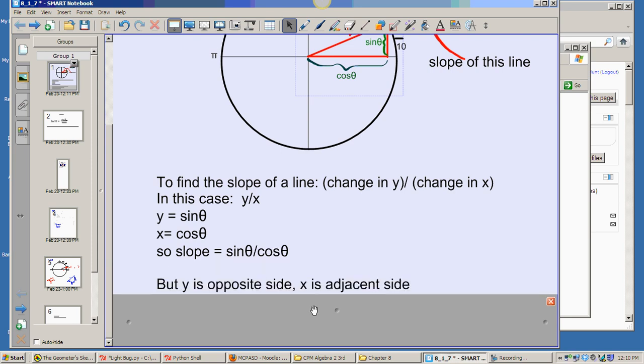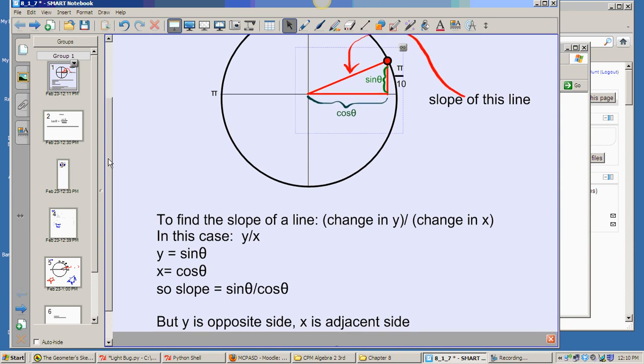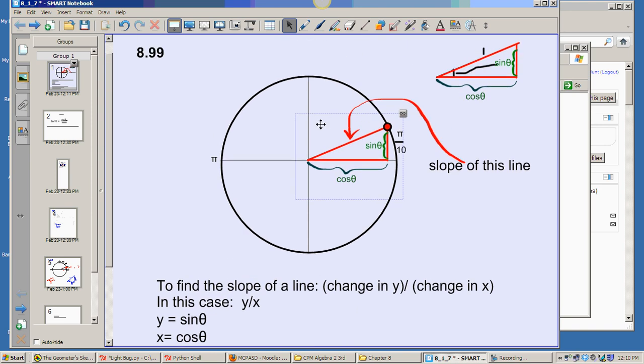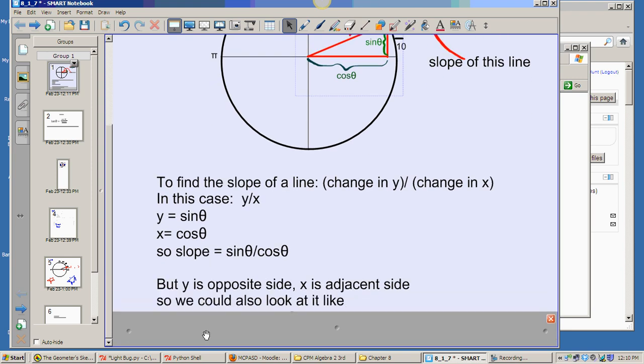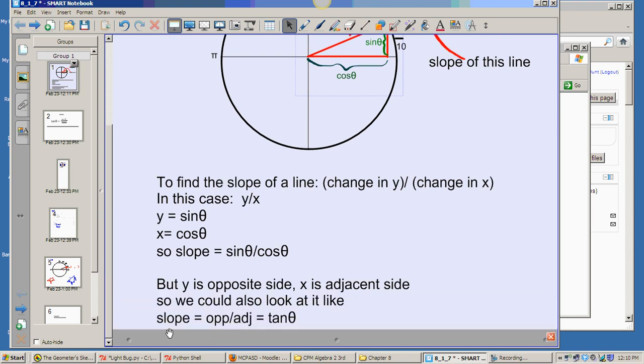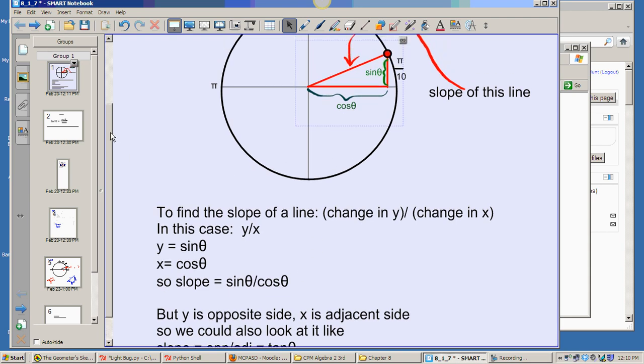But there's another way that we could find the slope of that line. Remember, we have a right triangle, so we have a lot of different ways of thinking about that using the trig that we've used. We could look at it as slope equals opposite over adjacent.